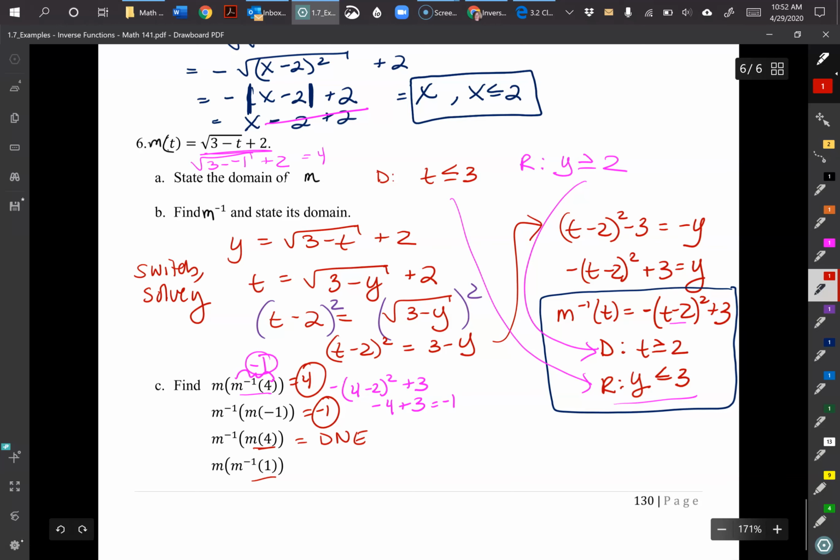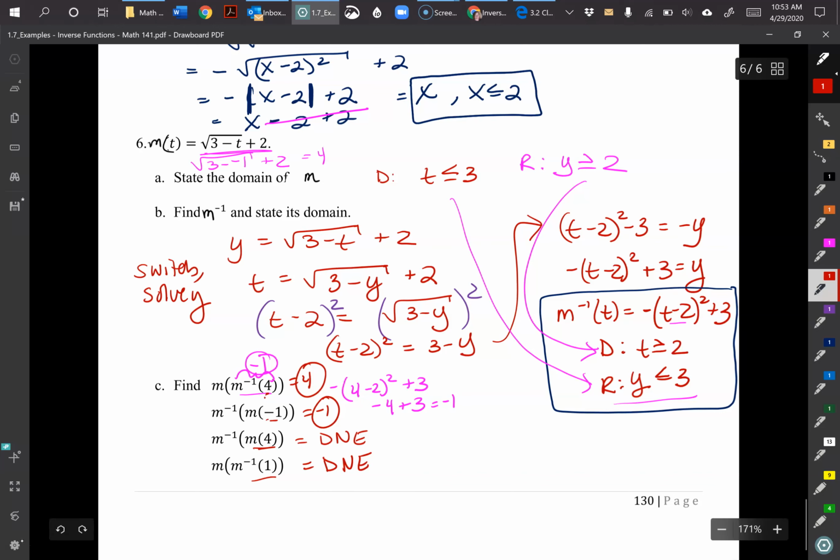And now for the inner function m inverse of 1, if I'm trying to plug a 1 into my inverse, that's going to be a problem because I have to have everything greater than or equal to 2. So this one does not exist. So just watch for that. Make sure it's in the domain. I had the 4 to start with, and this top one is greater than or equal to 2, so that will work.